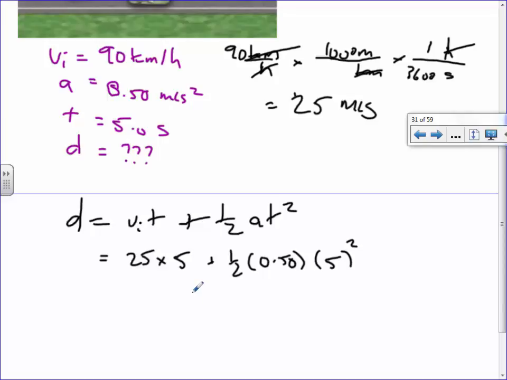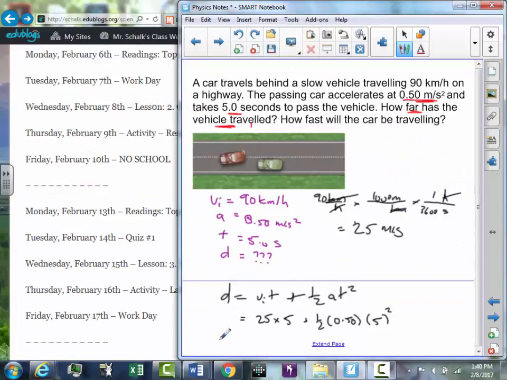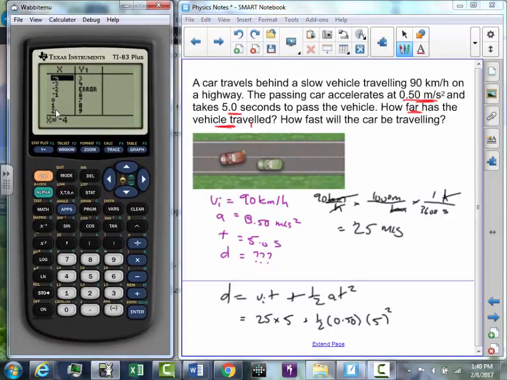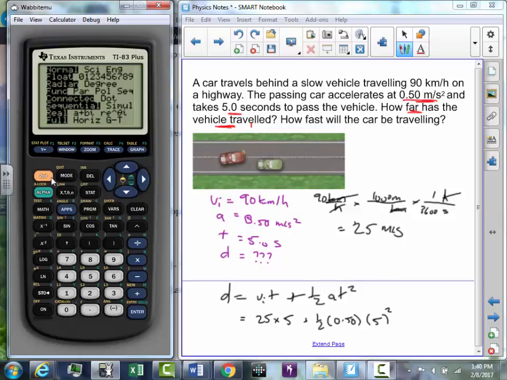I'm just plugging everything into the formula there. All you need to do is know how to put it in your calculator. This one's quite nice because you don't have to do any algebra to work backwards for anything. It's ready to go as is. So you just have to do 25 times 5 plus 1/2 times 0.50 times 5 squared.